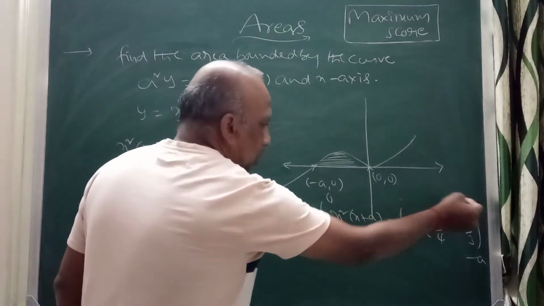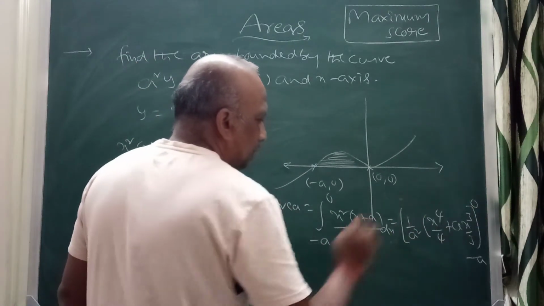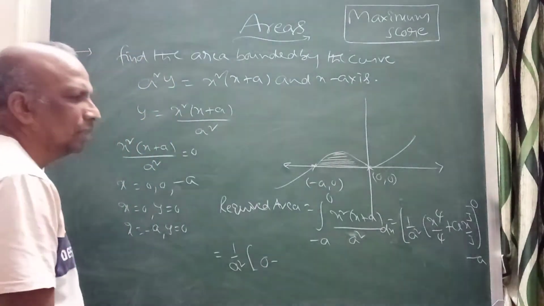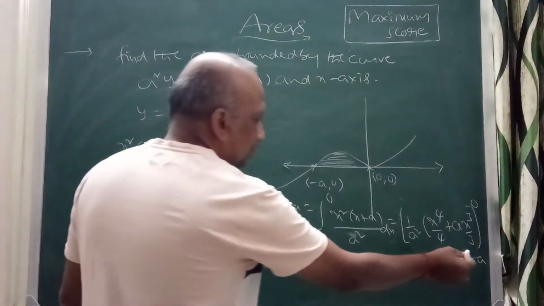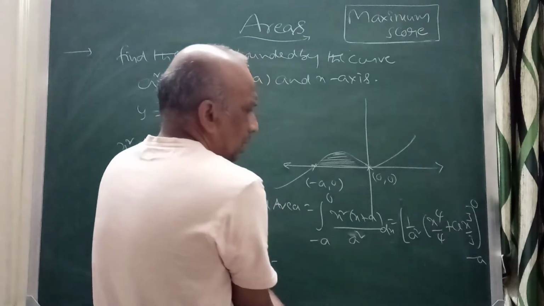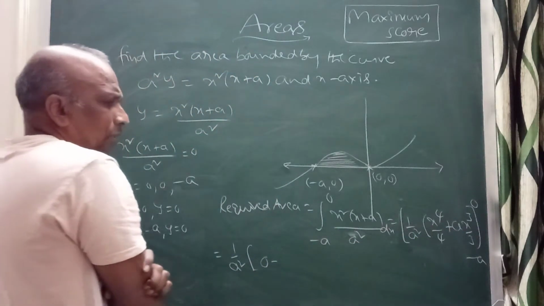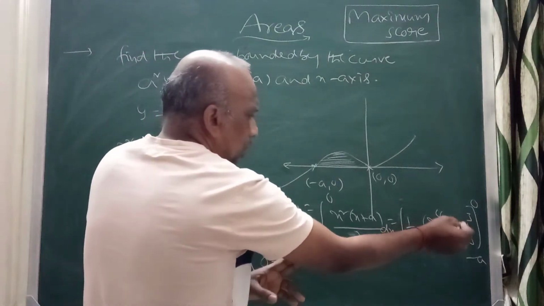Apply the limit 0: everything will be 0. Correct? You should apply minus a. Applying the limit 0, everything will be 0 here.